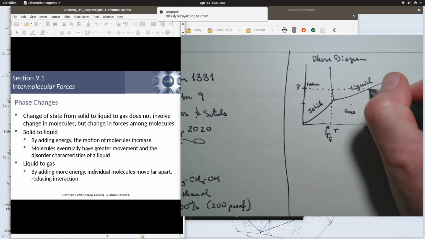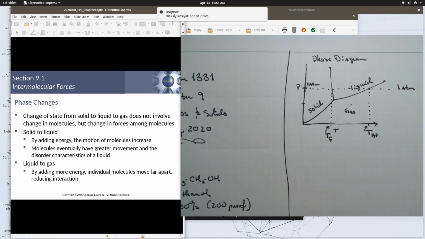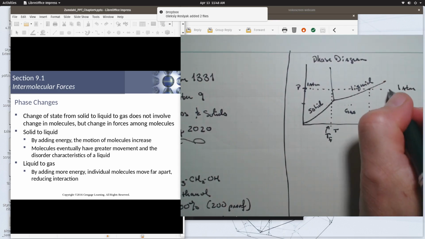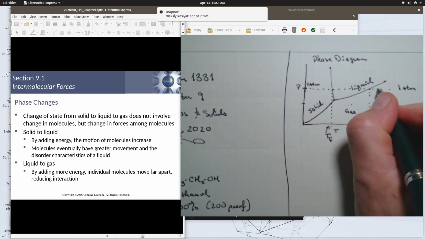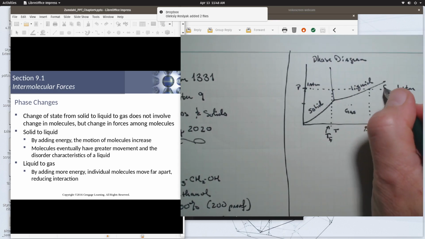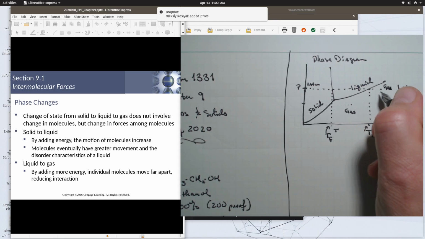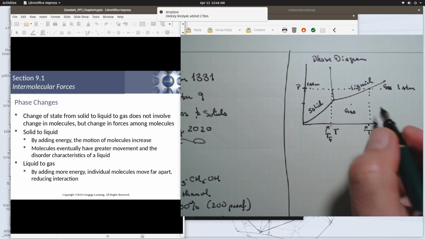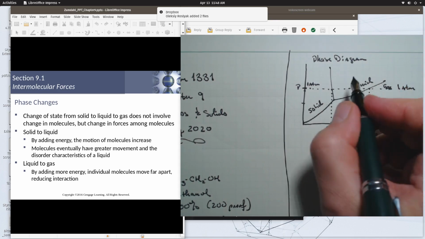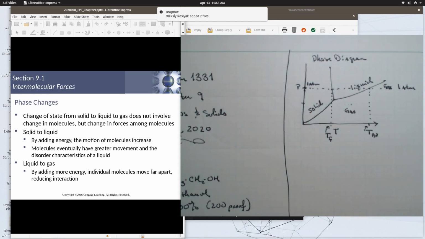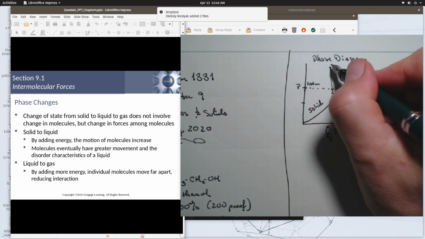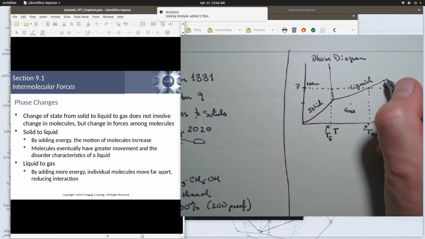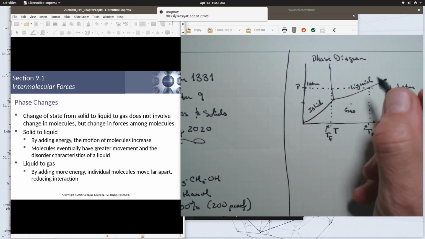It's where at 1 atmosphere of pressure, I go from gas, which is on this side of the line, to liquid. And as I continue to cool, I go from liquid to solid.